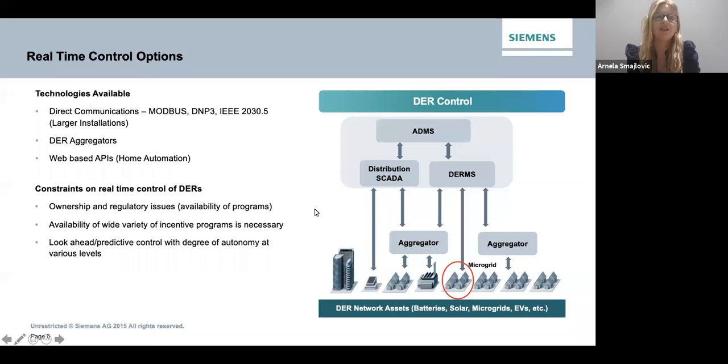Thank you, Shashank. So I'm Ornella Smailovic-Djedovic. I work with Shashank very closely on various Siemens digital grid systems. I'm managing the product microgrid management system within Siemens Research and Development.